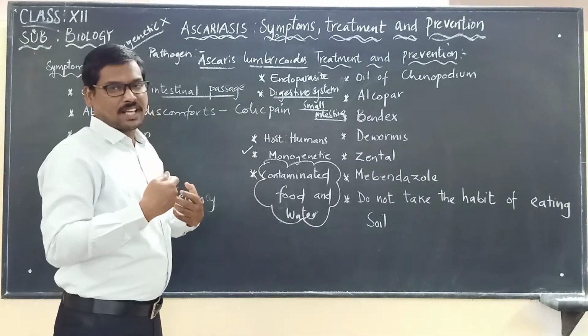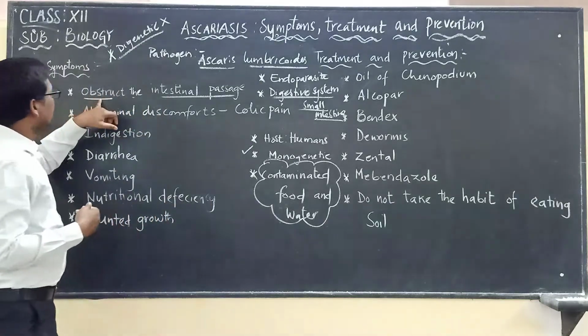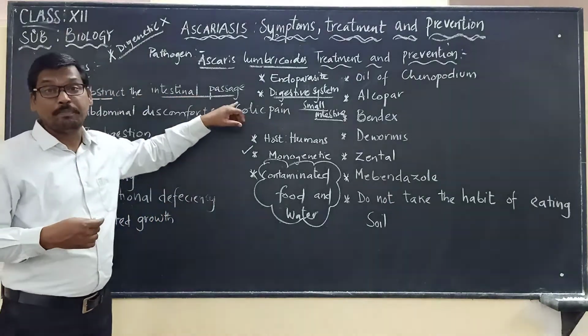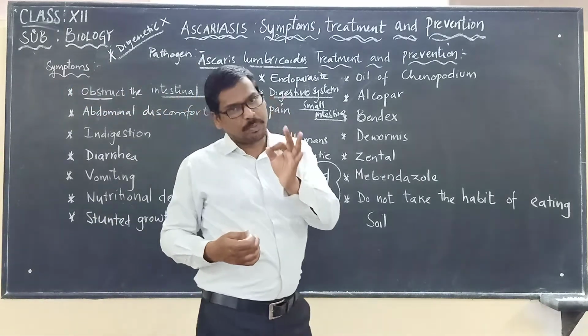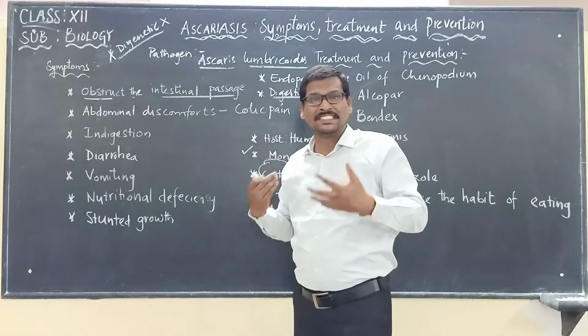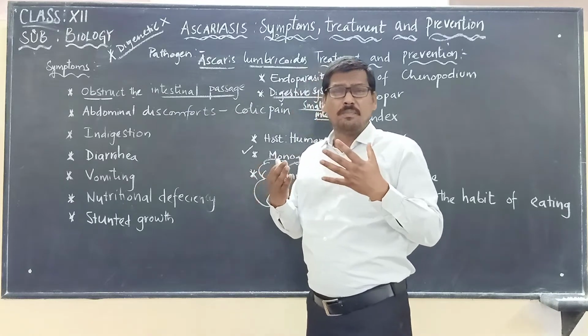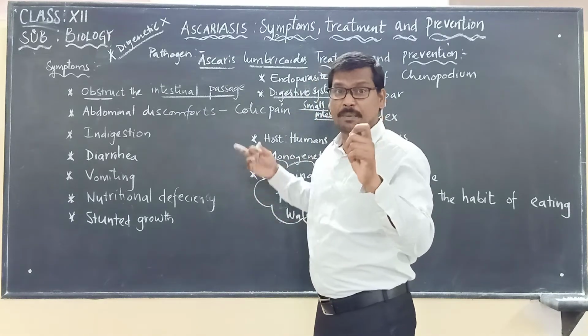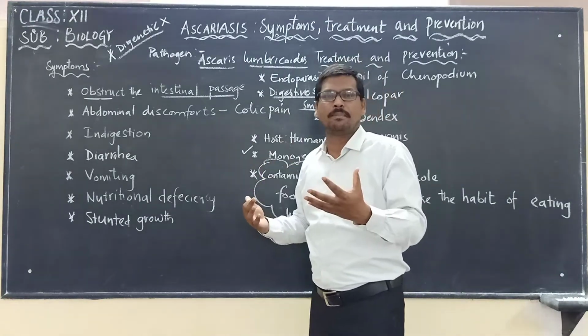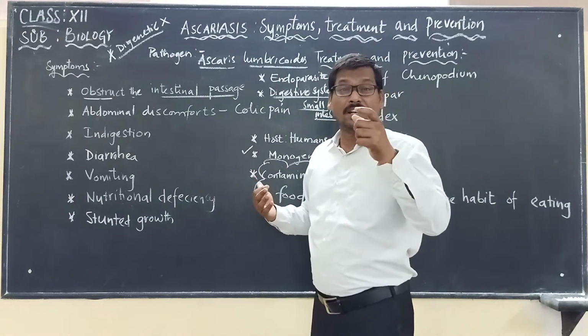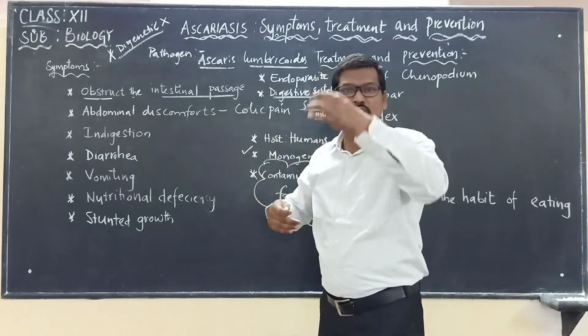Once it enters the body, it will obstruct the intestinal passage. Why? Because when it starts multiplying, the number of Ascaris lumbricoides will be so high that they will completely occupy and block the small intestine.